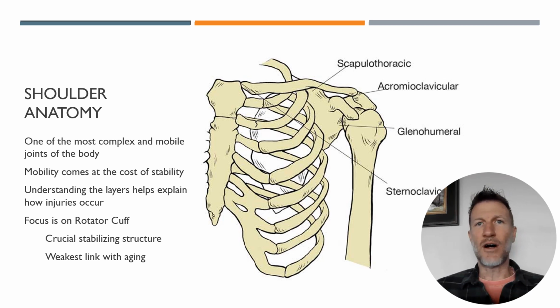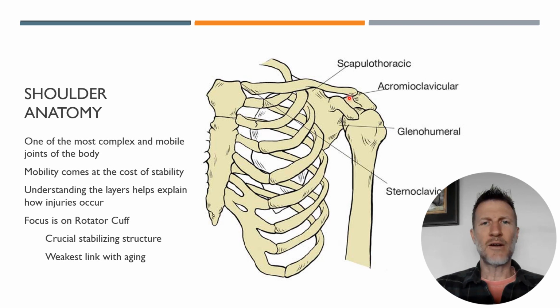Also, it's very common to dislocate a shoulder because there's a trade-off in stability for that range of motion. As a result of this trade-off with stability, the rotator cuff is very commonly worn out as we get older, and that's how a lot of these rotator cuff tears do happen.